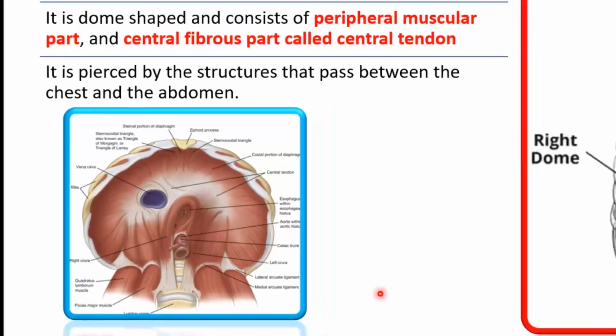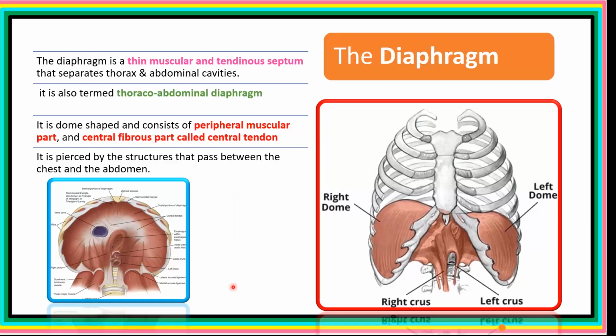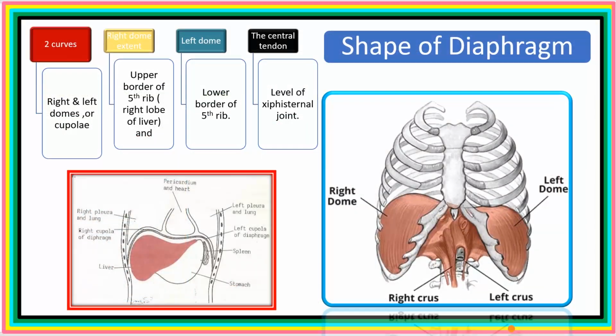Because we have a number of structures passing between the thoracic cavity and the abdominal cavity, we'll be seeing a number of structures piercing the diaphragm. As soon as we look at the diaphragm, the first striking thing about the diaphragm is its shape. The diaphragm has two domes, one on the right and one on the left.